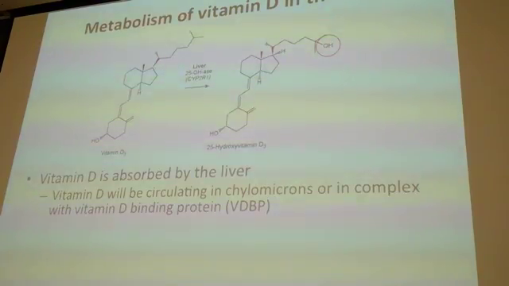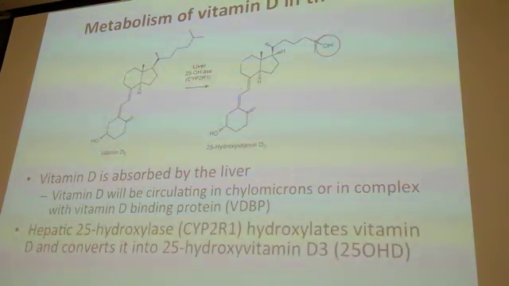And there are going to be two metabolic events that act on vitamin D to form that active hormone form of vitamin D. These are two hydroxylation events. One is going to happen here in the liver and the other in the kidney. Okay, so this first hydroxylation event is mediated by a protein called hepatic 25 hydroxylase, or CYP2R1.